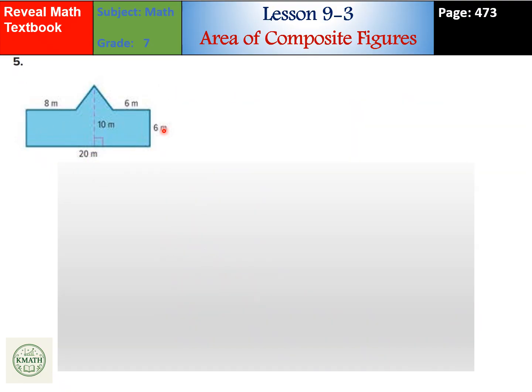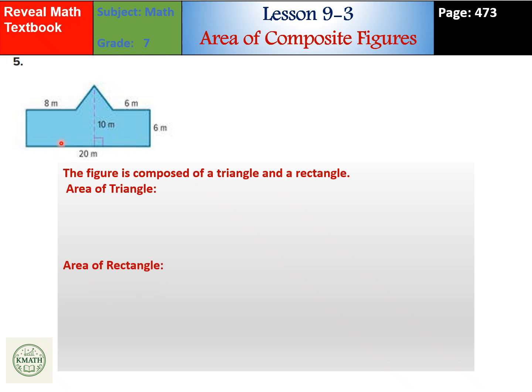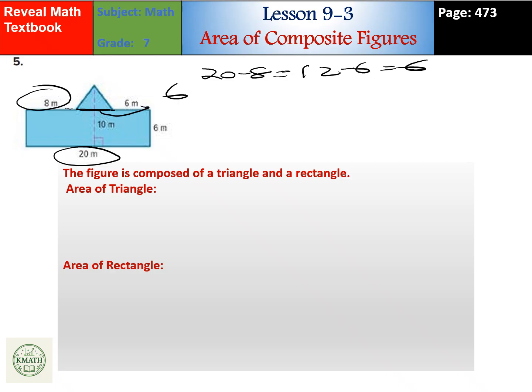It's composed of a rectangle and a triangle. For the triangle first, this whole side is 20. We need to know this one. From 20, we will subtract 8 and 6. 20 minus 8 is 12. Then 12 minus 6 is 6. So this side is 6. Now here till here it is 10, and if you cut this much, 10 minus 6, that is 4.